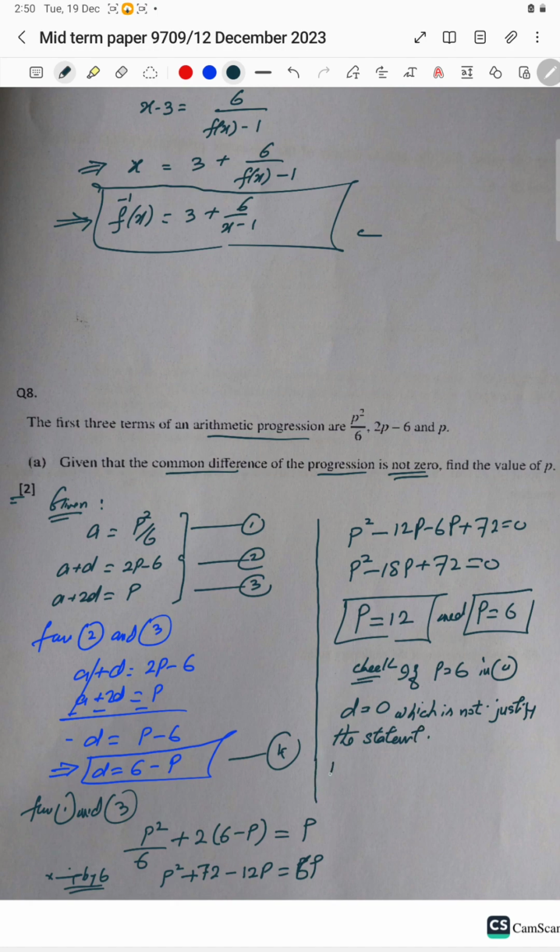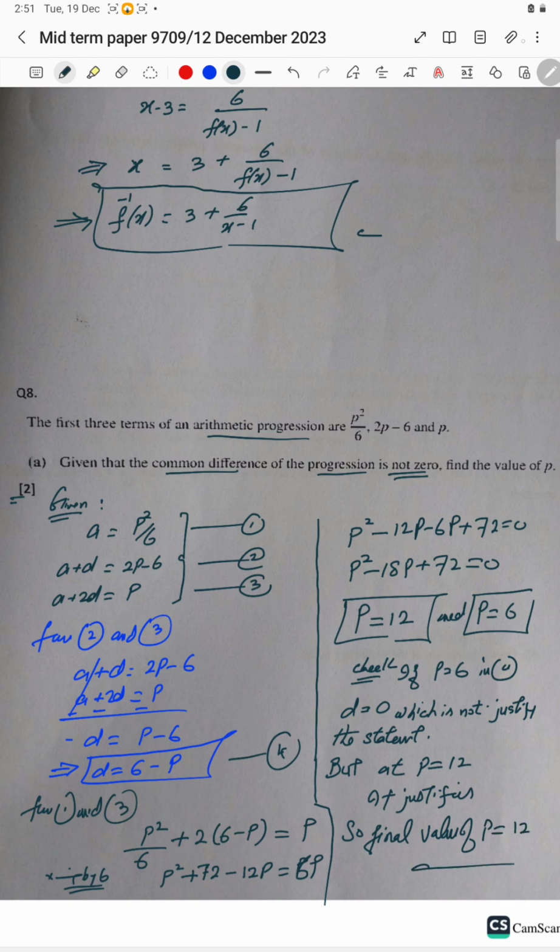But at p equal to 12, you will see yes, d exists, it justifies. So the final value of p is 12.